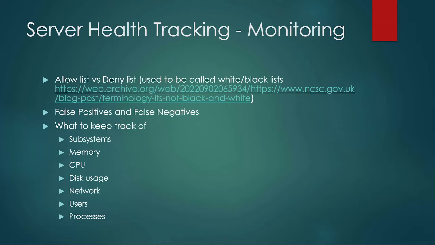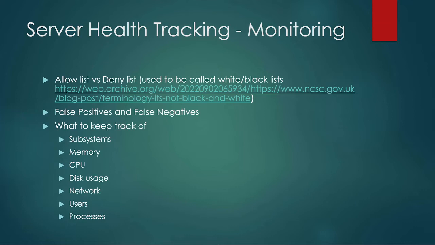So, for example, one of the things that we can have is an allow list or a deny list. Now, this used to be called whitelisting, blacklisting, but that's really not the case anymore. You may still hear it referred to that way in industry, but people are trying to change it. If you are interested in a little bit of background, I have a link about why it's no longer referred to that way.